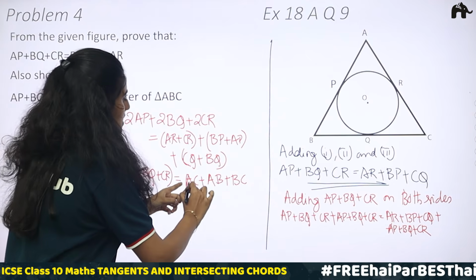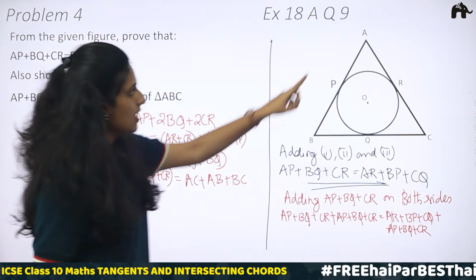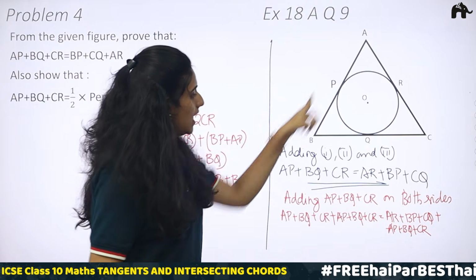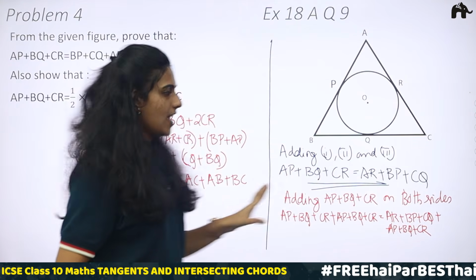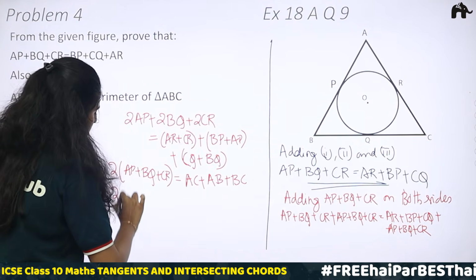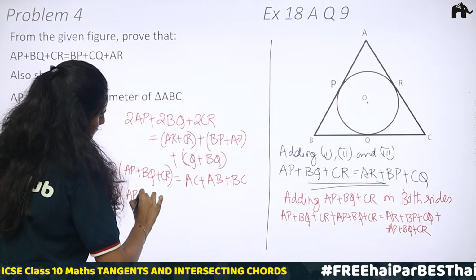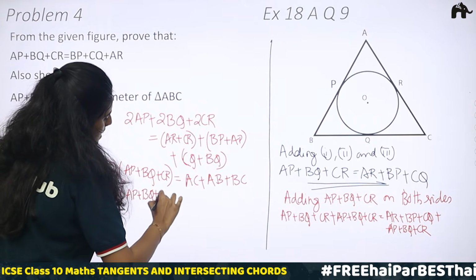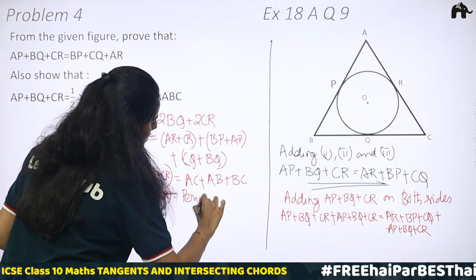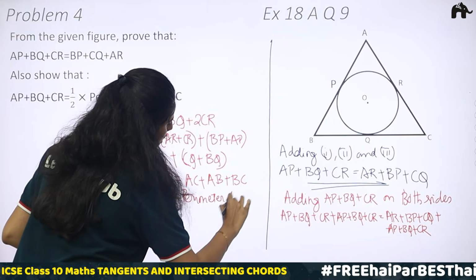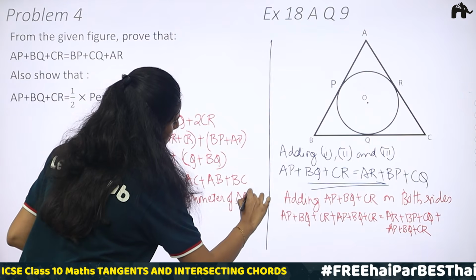Okay. What is this? AC plus AB plus BC. This is the perimeter of the triangle. So 2 times (AP plus BQ plus CR) is equal to the perimeter of triangle ABC.